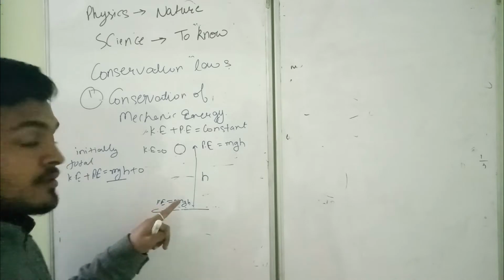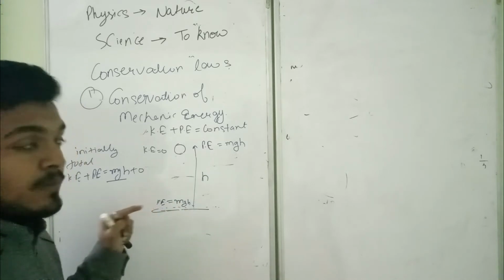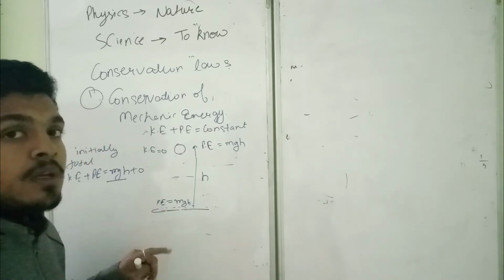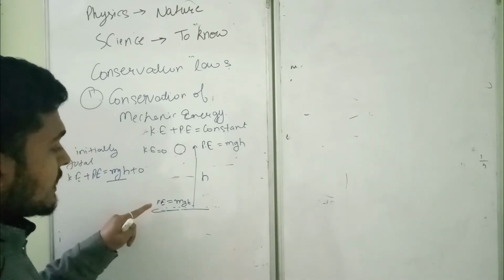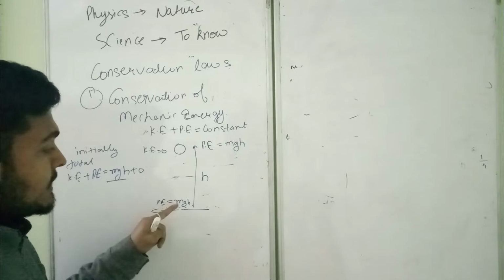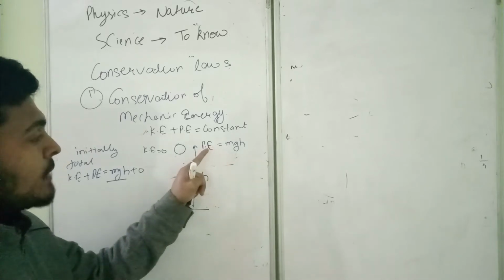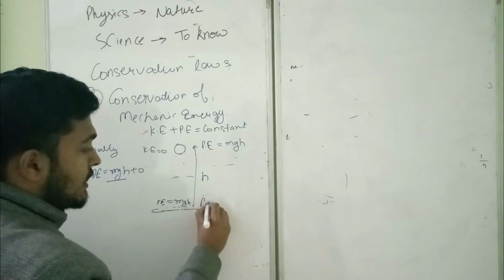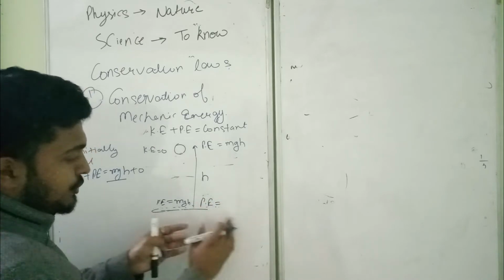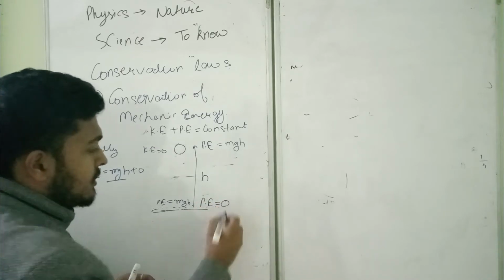Though this is not the formula of kinetic energy. The formula of kinetic energy is half into mass into velocity squared. But here I want to add that this is the magnitude equal to the initial potential energy, and its potential energy just before hitting the ground is equal to 0.